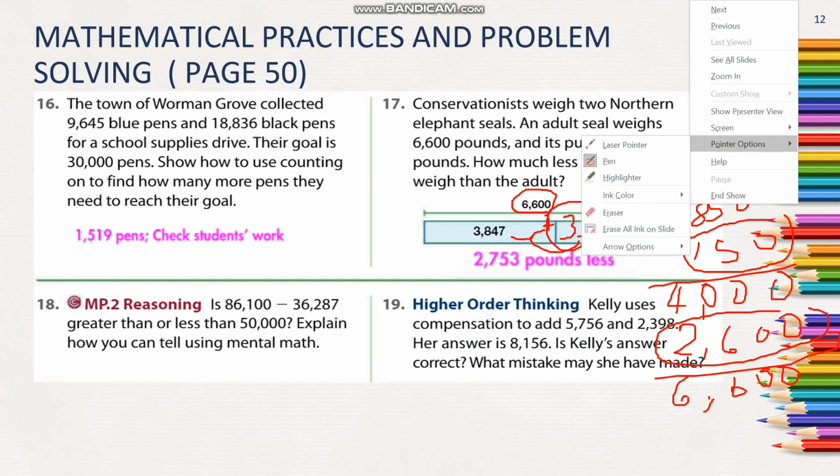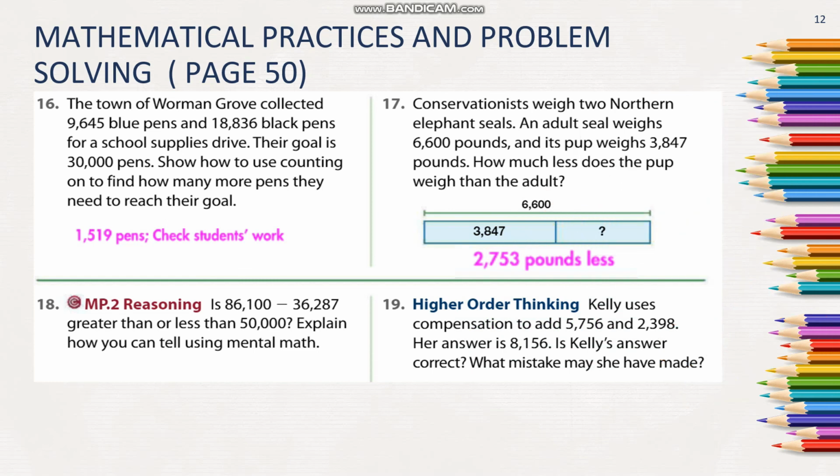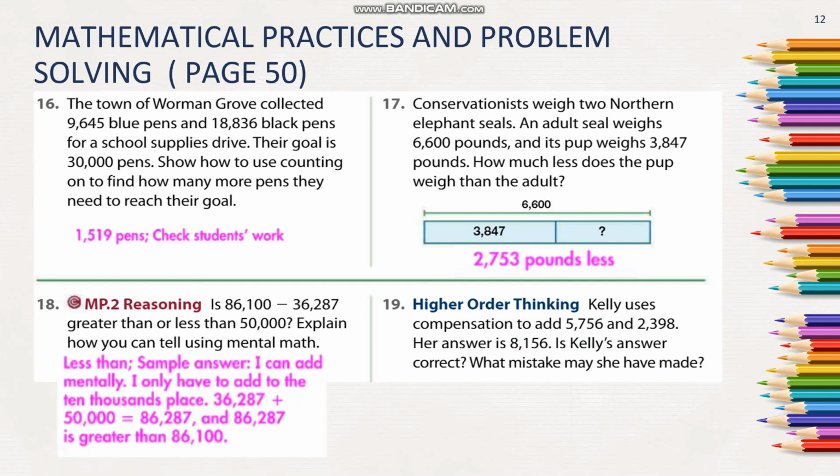Next, question number 18. Is 86,100 minus 36,287 greater than or less than 50,000? Explain how you can tell using mental math. So the answer is less than. And the sample explanation is you can add mentally.